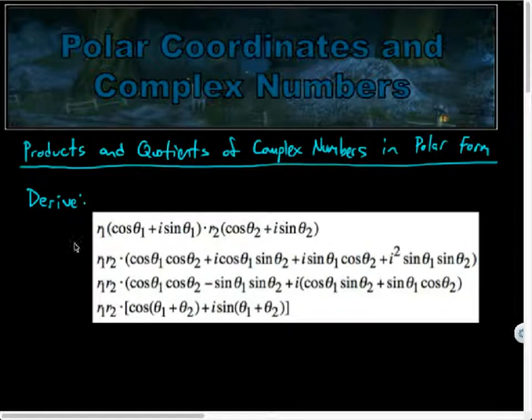So I've got a little derivation of the product. I've got two complex numbers in polar form. Remember, this one could also be written as r1 cis theta 1 if you wanted, for the cosine i sine sort of thing. That's the shorthand notation of it. If I'm multiplying these two things, the first thing we did was group r1 and r2.